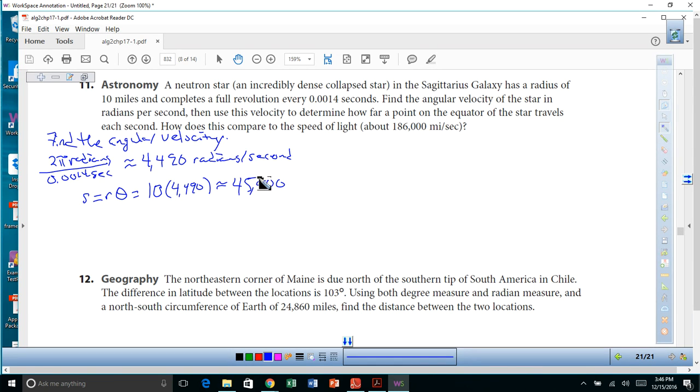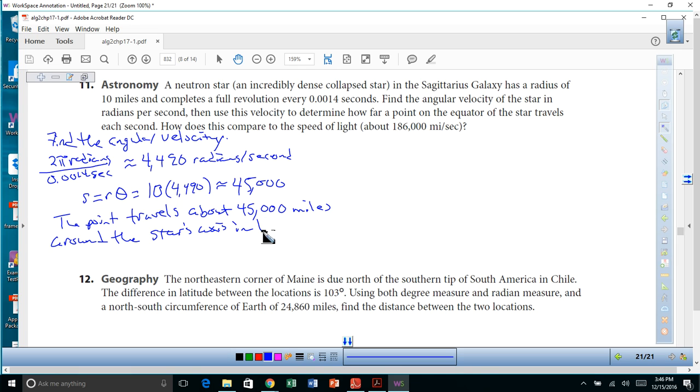So the point travels about 45,000 miles around the star's axis in 1 second.